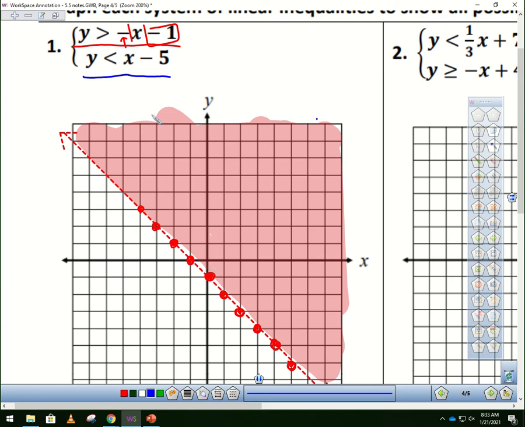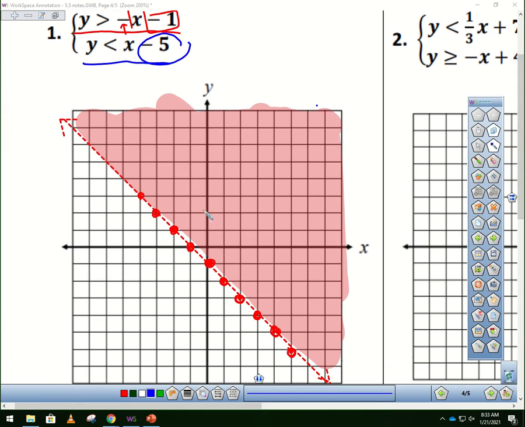So then, where am I starting on the next graph? -5. So you're gonna go down to -5. So 1, 2, 3, 4, 5. And then what's the slope? What's the number implied in front of the x? 1.